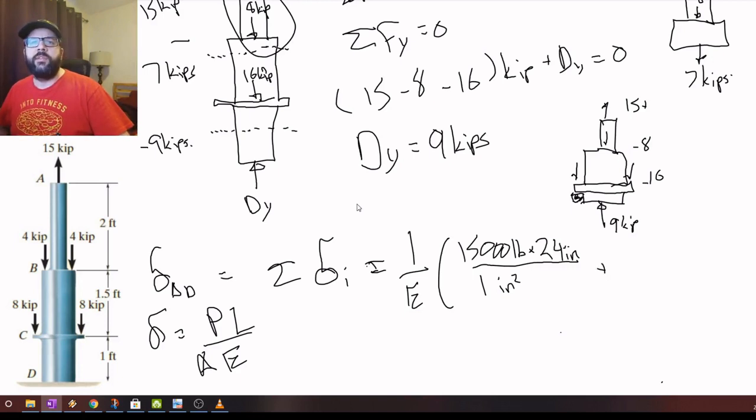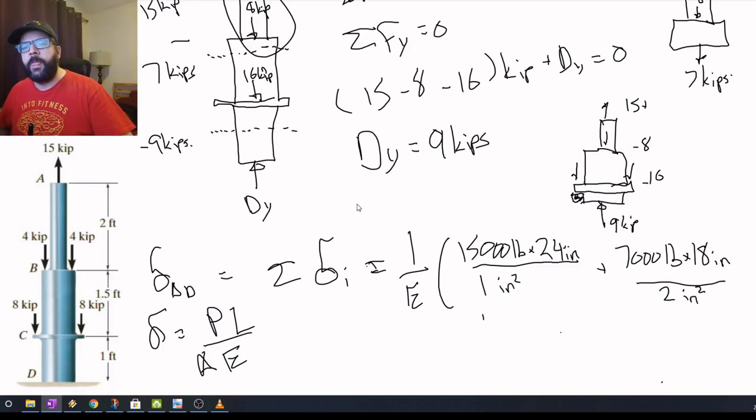The next section there, the section with the 7 kip tensile load, so 7,000 pounds times the 1.5 foot section, so 18 inches, divided by 2 inches squared is that cross section. And then the next one we've got here is the minus 9 kip load. So plus, and it's a minus 9,000 pounds. It's a 1 foot section, so 12 inches divided by 2 inches squared.